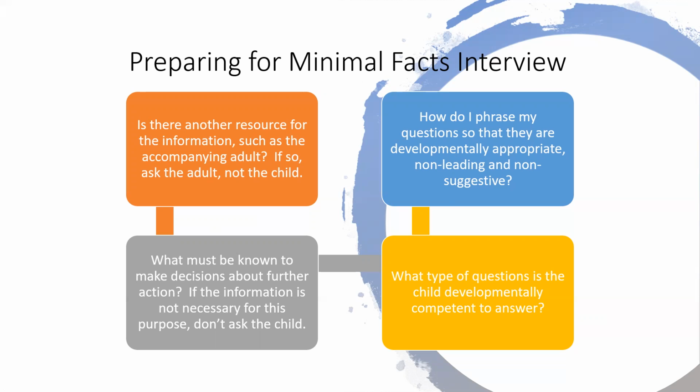And our last point is, how do I phrase my questions so that they are developmentally appropriate, non-leading, and non-suggestive? It is a good idea to think about these things in advance so that you are best prepared for the interview with a child.